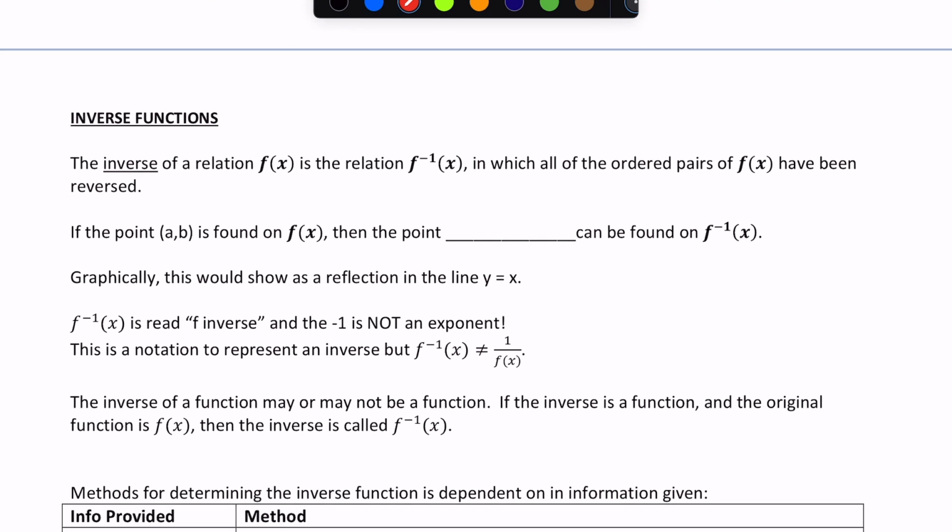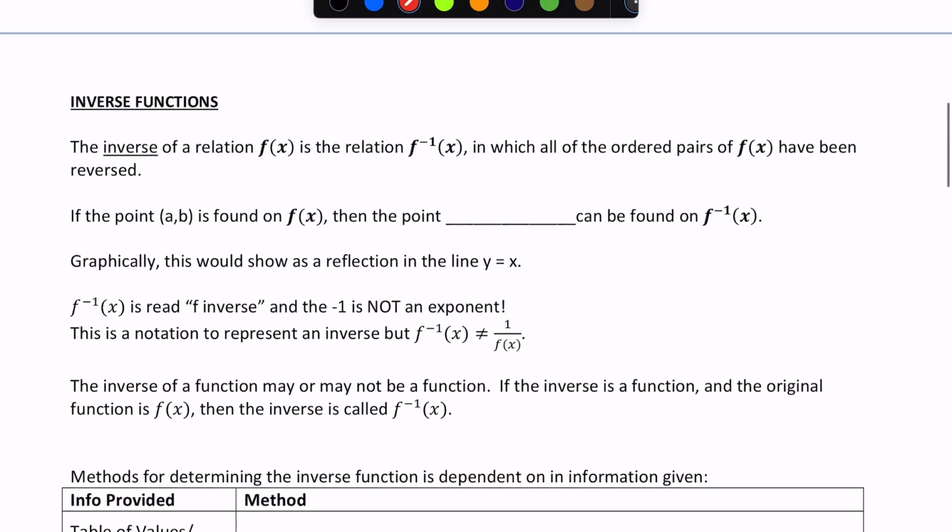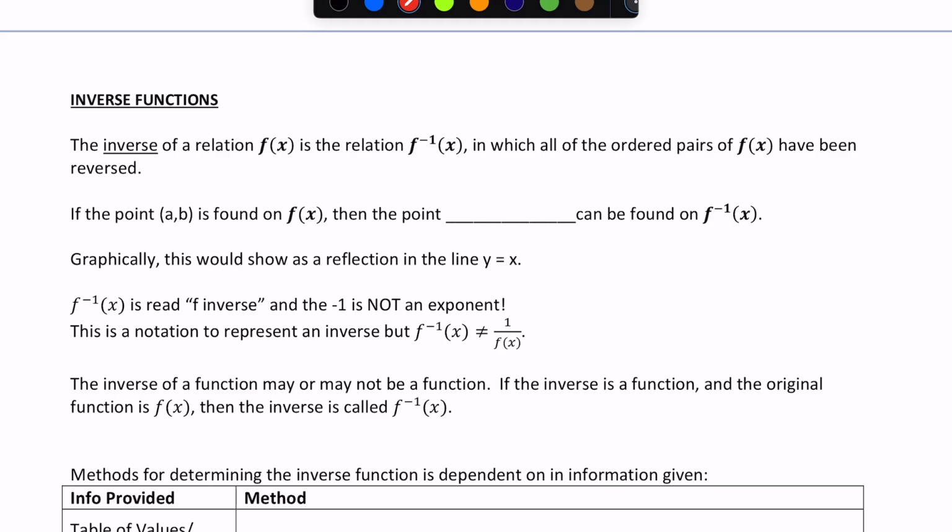Okay, so let's look at inverse functions as well here a little bit, and also apply our understanding of domain and range. The inverse of a relation f of x is the relation f inverse of x, in which all of the ordered pairs of f of x have been reversed.